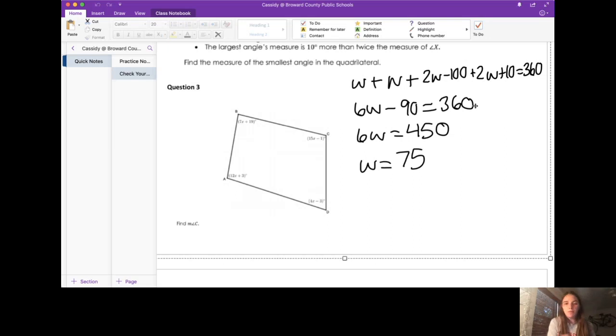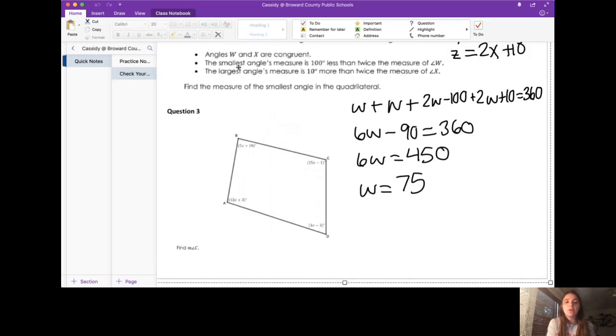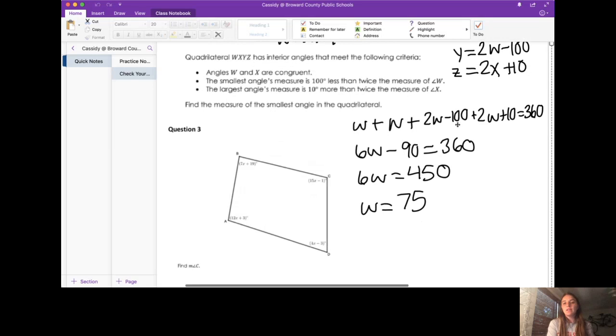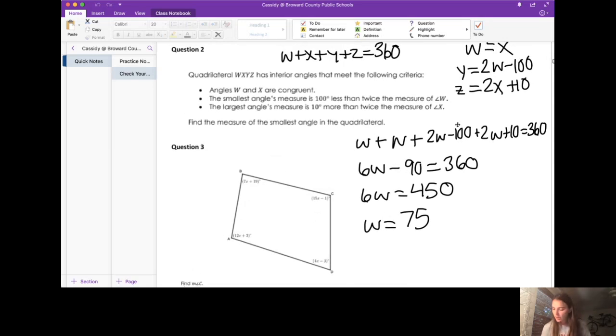So now we have an answer for W, but when we look back at the question, it says find the smallest angle in the quadrilateral. What did we say our smallest angle was? We said it was Y. So what's the equation we have for Y? 2W minus 100. All we're going to do is plug that in.